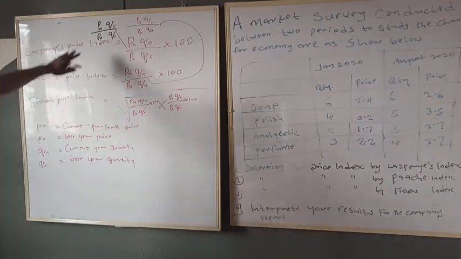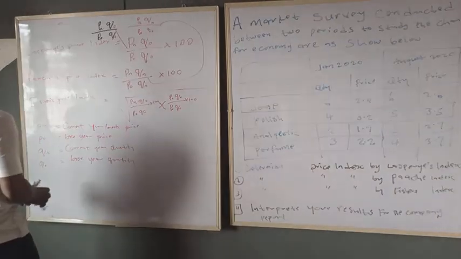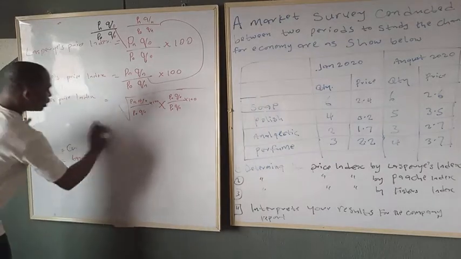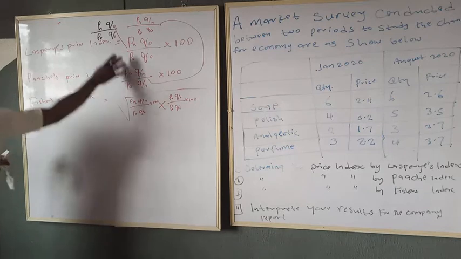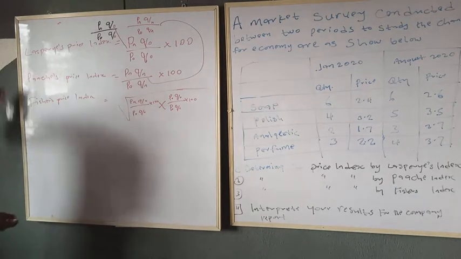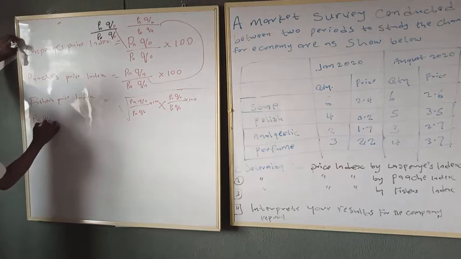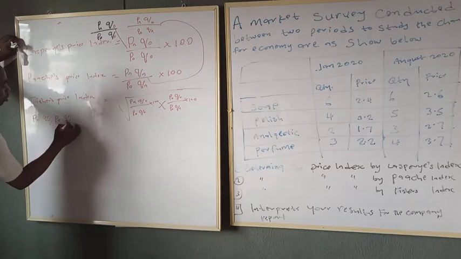So after creating this formula, then you know that what you need to get, you need to compute all these that they ask us to do. You need your P0Q0, yes. Then you need P0Q0, right?